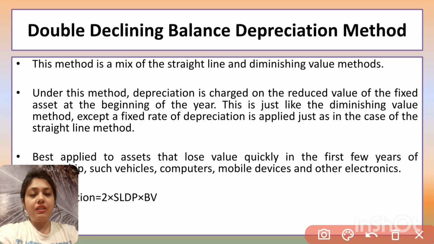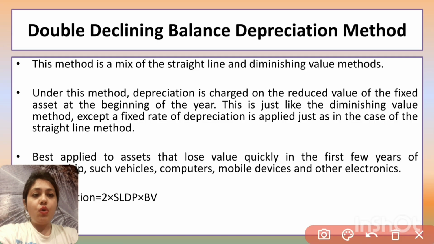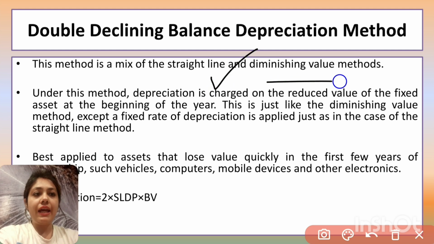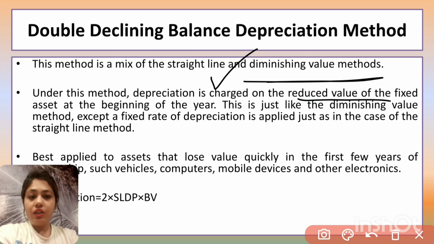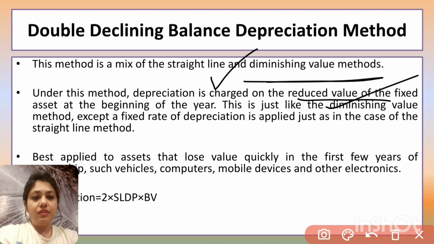So the next method is the double declining balance depreciation method. So this method is a mixture of both the straight line and diminishing value methods. How come? See, the depreciation keeps on reducing year on year. This is the diminishing value method, and the rate of depreciation remains constant.